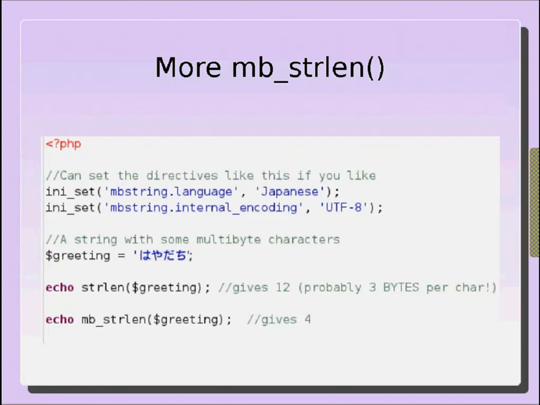That's giving 12. Well, if we look at the string, we can see that that's 4 characters. 12 here is coming from 3 bytes per character. The Japanese language has tens of thousands of different characters, so you're not going to be able to represent those with just 1 byte. You'll need 3, possibly 4 bytes to represent just 1 character.